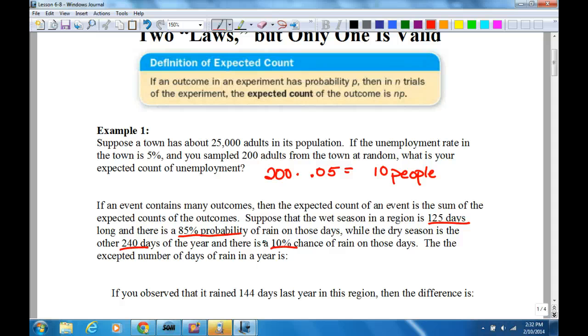How would you set that up? You're on the right track. Good. And 240 times? Yep. So if you multiply those out and add them together, you should get 130.25.